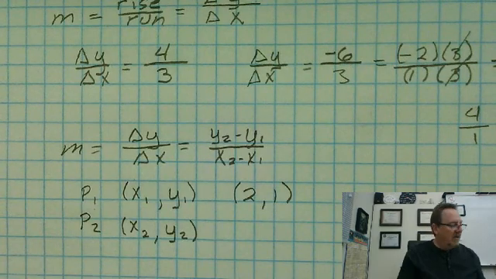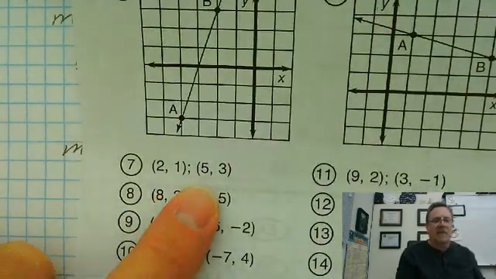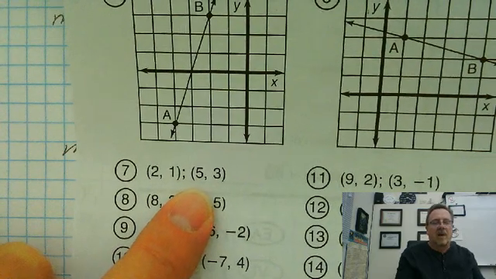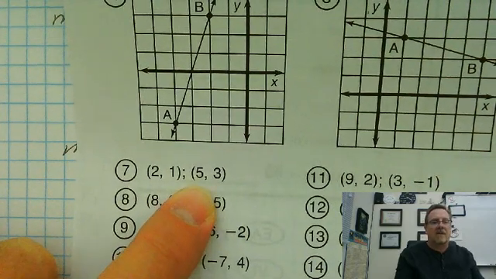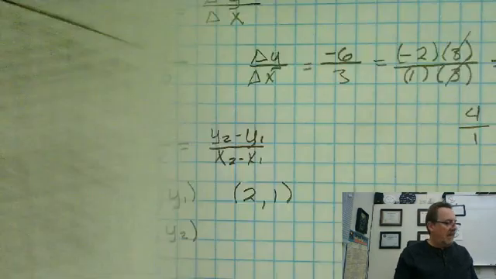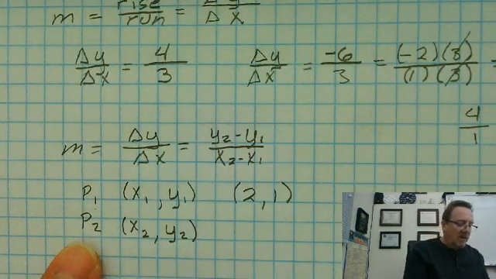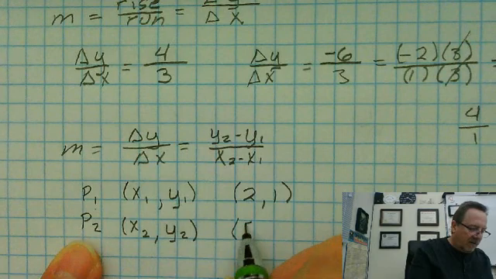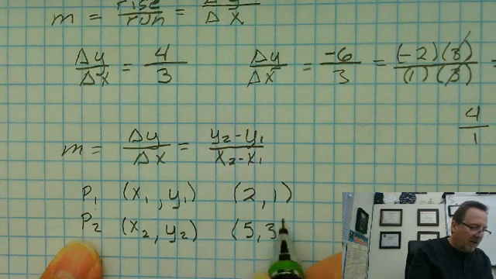That's what was given to us. Go back and look at the second point that's given to us. I'm going to call that point 2, and notice its values are 5, 3. So for point 2, the values are 5, 3.